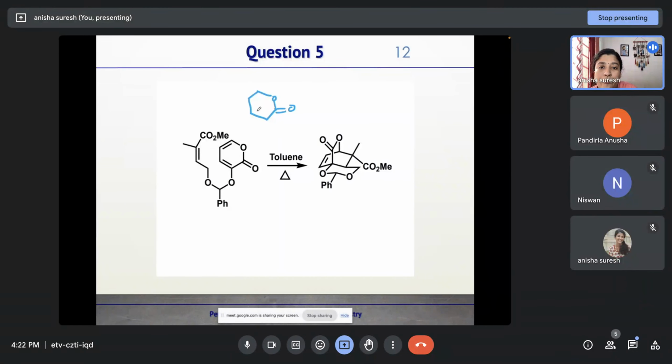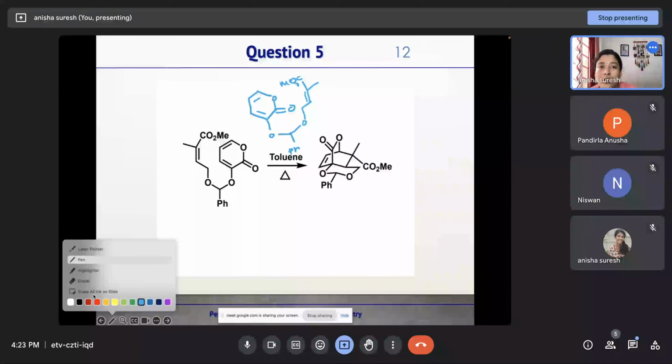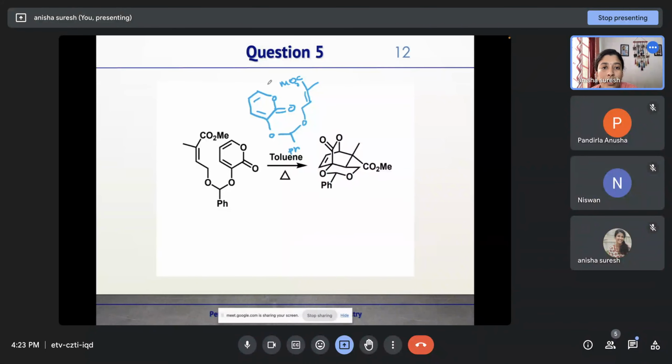This is a lactone, with a double bond, CO2Me and methyl. So this will undergo a Diels-Alder reaction like this.